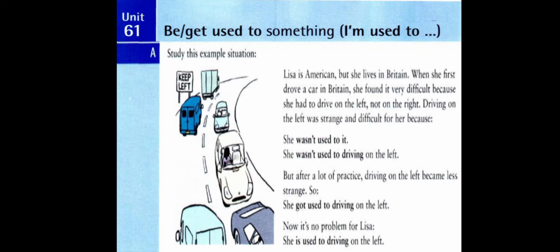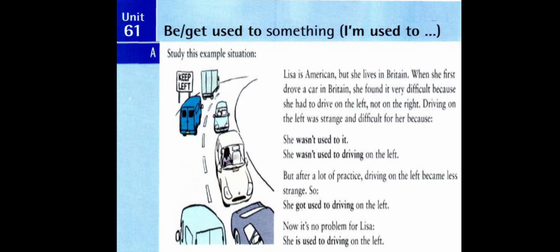Here we used got to express gradual change. She was not familiar with driving on the left, and now gradually she got used to it. There is a gradual change.